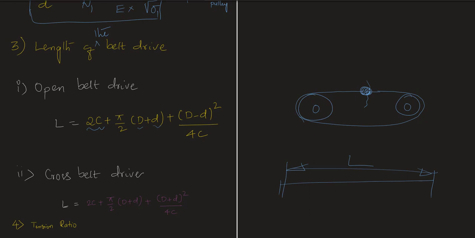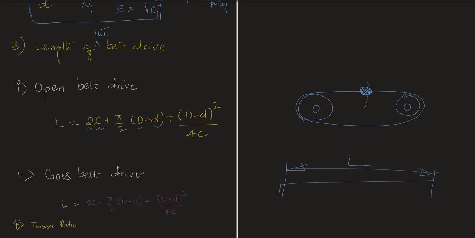So if I can calculate the length by this, then I can keep it on my initial setup, and then the two ends of the belt can be joined by an operation. I can quote one of the best examples here.